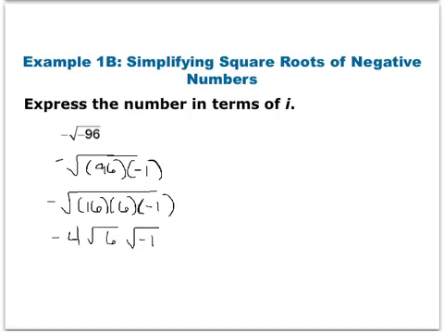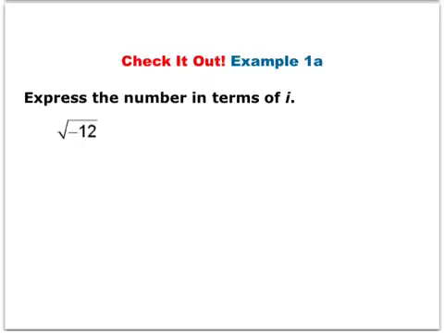I'm just splitting it up into itty-bitty pieces. Okay, keep going. Take the square root of negative 1, which is your imaginary unit. This is just going to take some practice. The more you practice, the easier it gets. Okay, this is just how we've done everything. You split it up into itty-bitty pieces and take the square root.